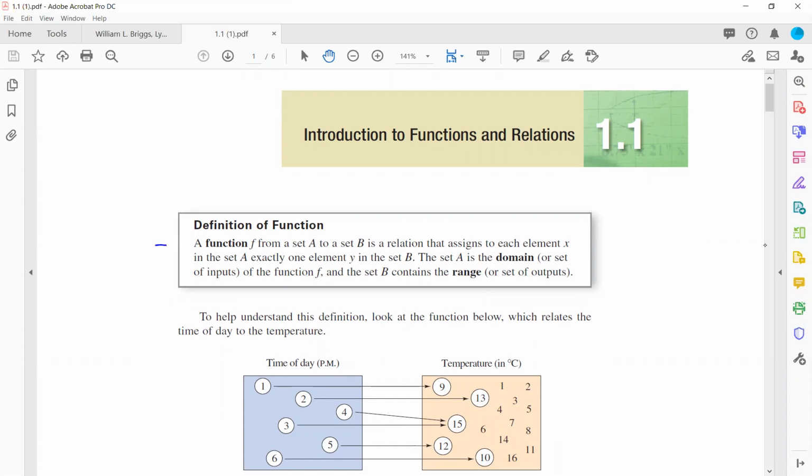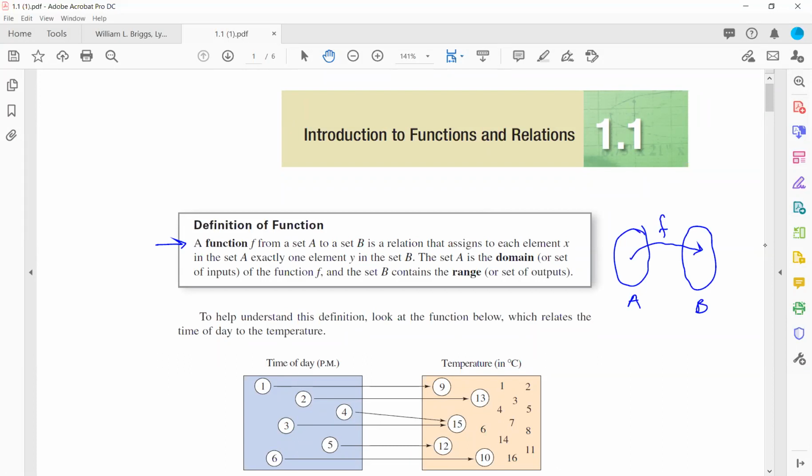A function, denoted by f, from a set like A to a set like B, is a relation that assigns to each element x in set A exactly one element like y in the second set B. So f as a function takes values in set A and maps them to set B.